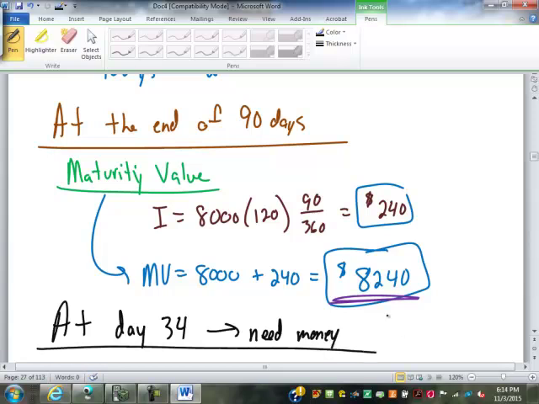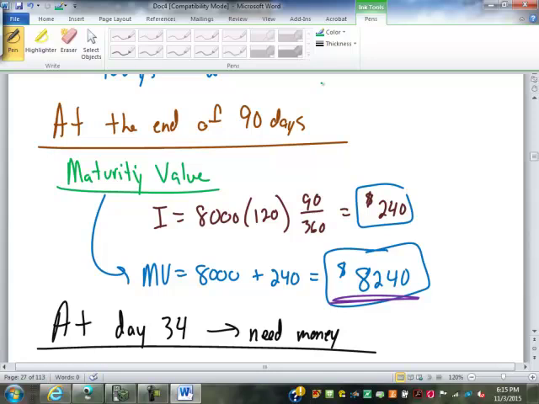Maybe you have a bill due that you need to pay, or maybe you just don't feel like hanging on to the note anymore. But for some reason, you want money. You want to get the cash out of this. You don't want to hold on to the note any longer. This is what a lot of banks do, by the way. If you take out a home mortgage, they don't actually hold the mortgage. They discount it or sell it to someone else.